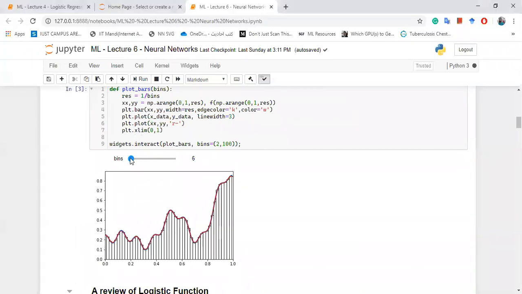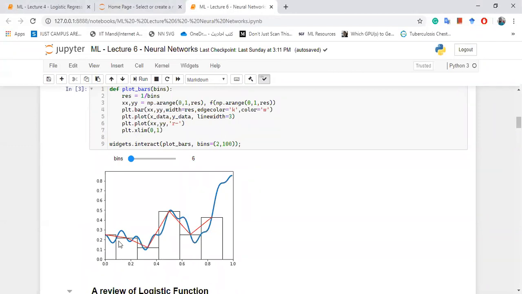Fine. So in this case, this blue curve is the function, and we have drawn 1, 2, 3, 4, 5, 6 squares, and we say that maybe they will give us an approximation of this curve. So the red curve here is an approximation.